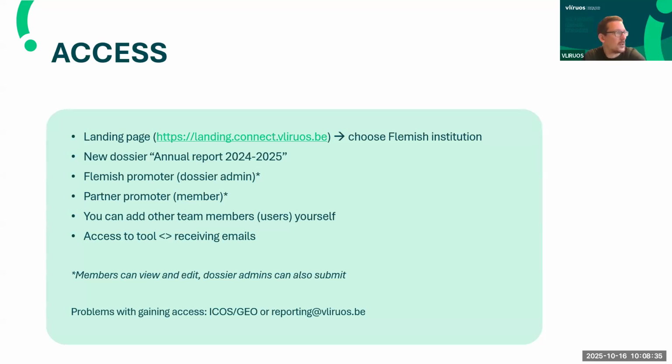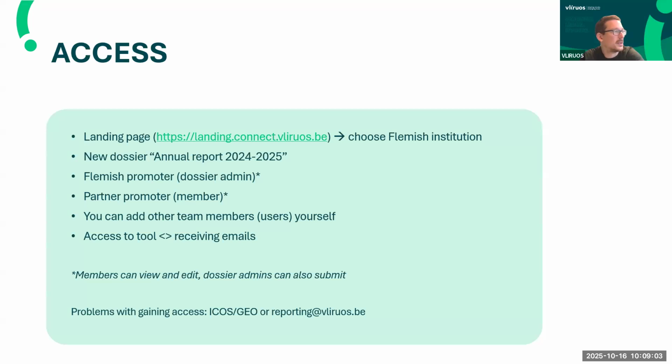Before I show you how, you probably already know there is a difference to note here between having access to the tool, to the dossier, and actually receiving all the emails, more on that later. There is no link between the two. There can be by accident, but it doesn't mean that if you have access to the tool, you will receive all the emails or vice versa.